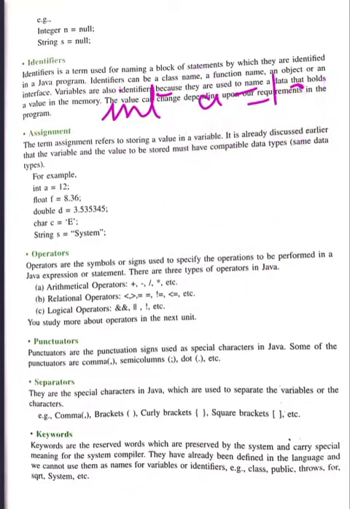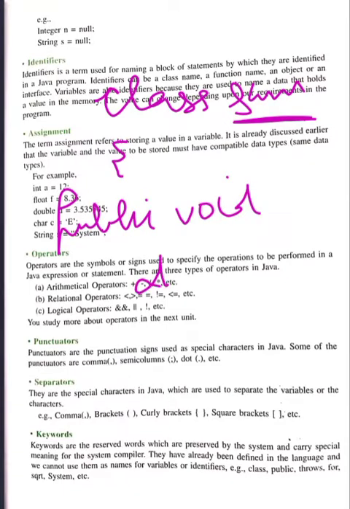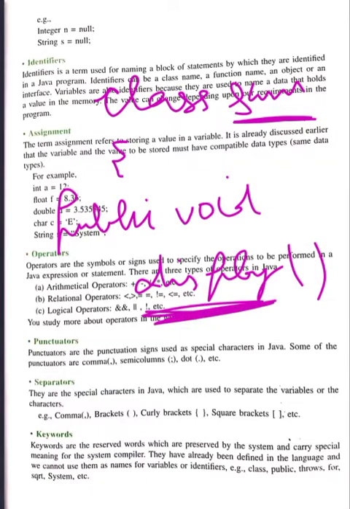So any name which we give from our own side, like suppose we are writing class sum, this sum is also a variable, the name which we have given. We are writing a function in the program, public void display function. This is also an identifier, the name which we give from our own side.